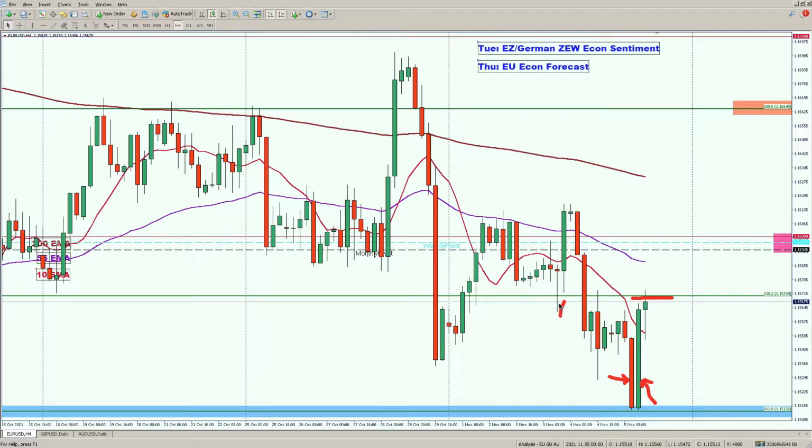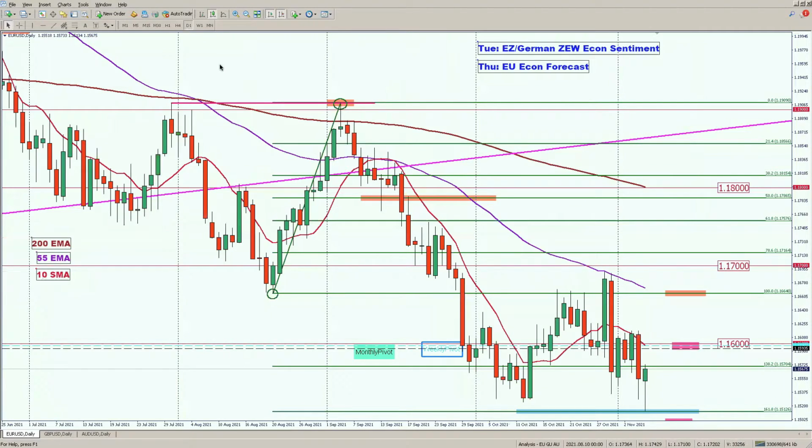Likewise, this was the initial move for the FOMC, and then it turned around with an evening doji star. There's the evening doji star candlestick pattern here, and it followed through lower on the Thursday. Okay, let's move back to the daily time frame.